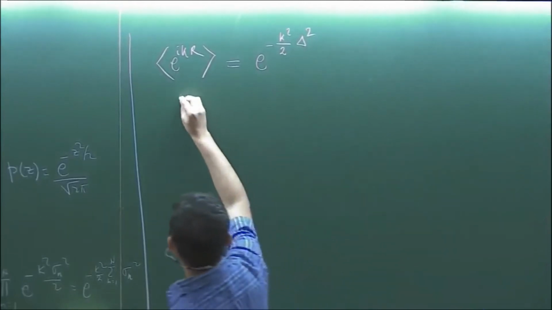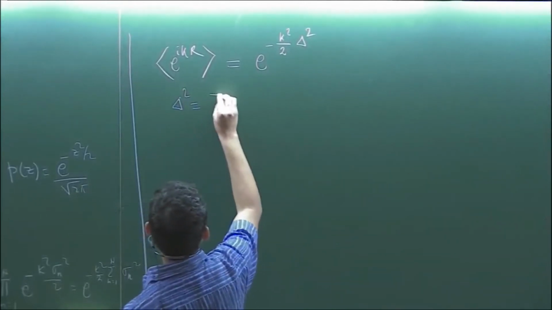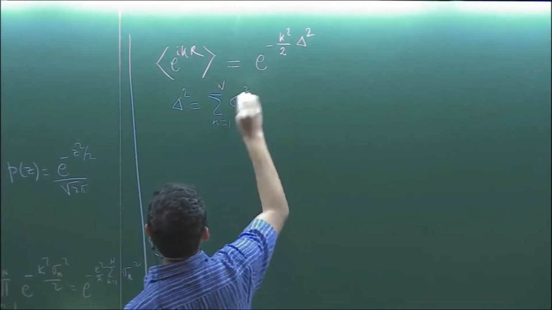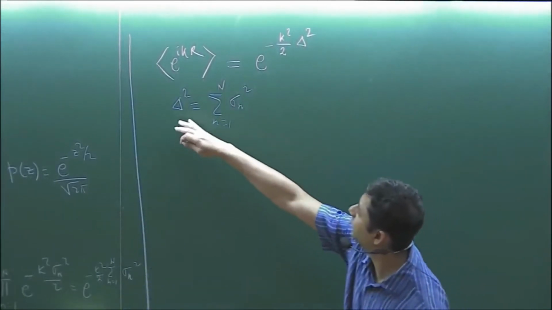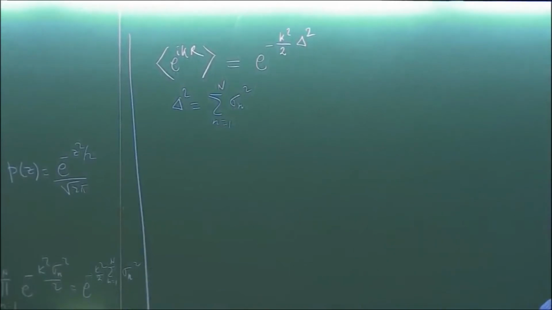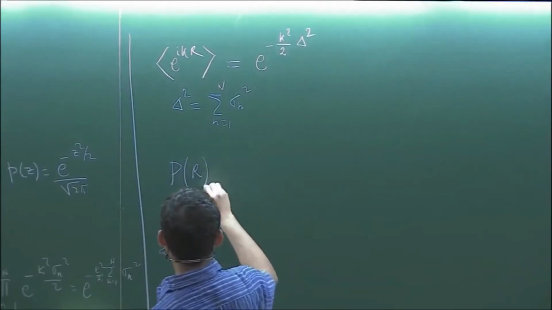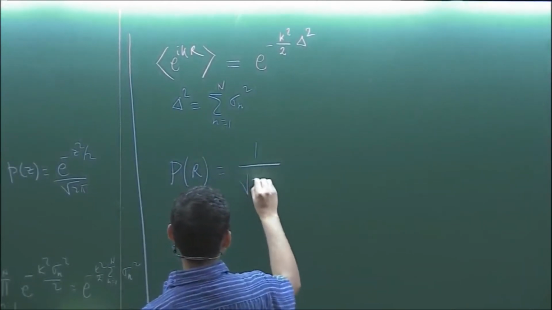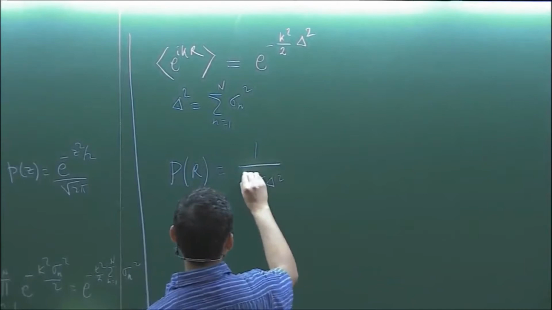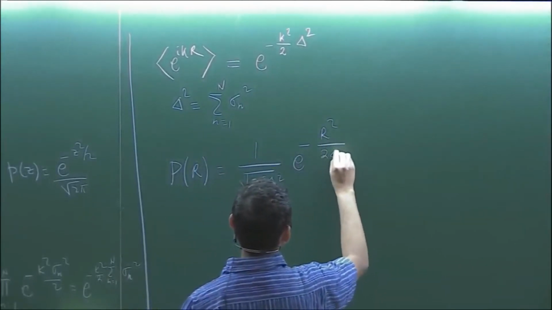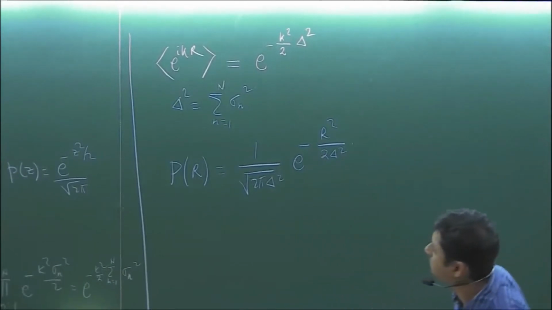So what is delta square? This new variance is just the sum of these variances. So then what is the distribution of R? It's just this one.